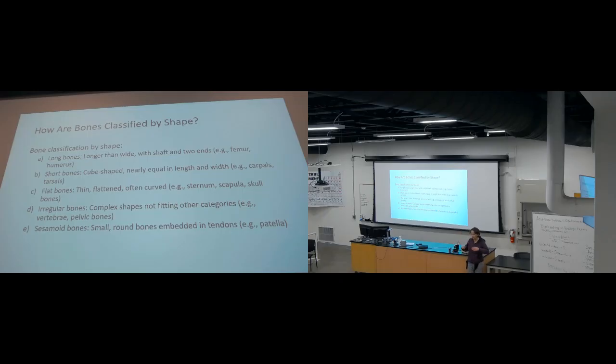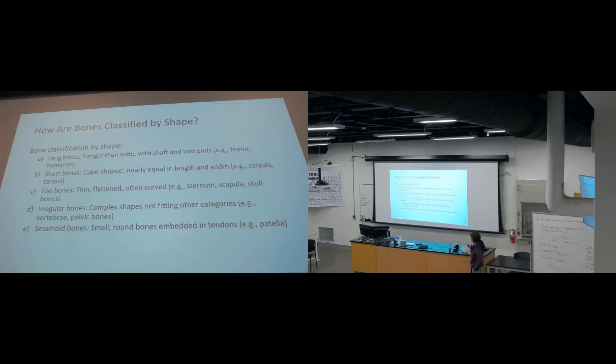Don't think they're perfectly flat, they can have a curve. And examples will be the bones that we have in the skull and the scapula, which is this bone that we have here, or the sternum, which is this bone that we have here. So here, here, and here we have flat bones.